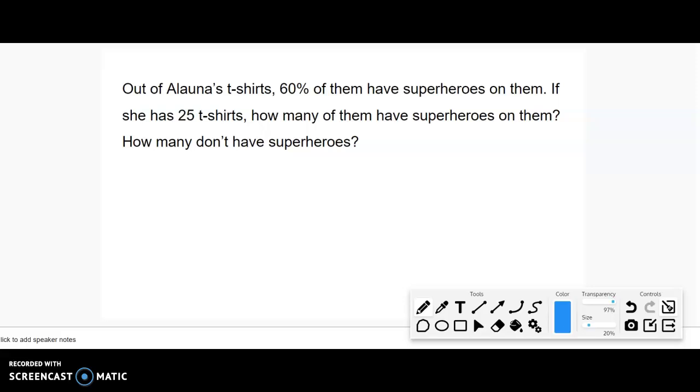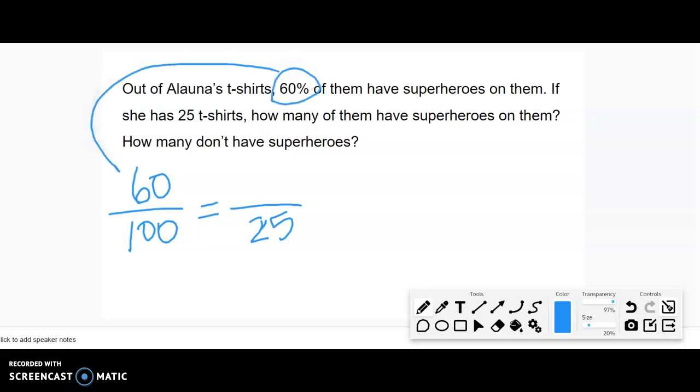If it was what's 60% of 100, well, we know 60 out of 100, right? Okay, so we need to find an equivalent fraction that's out of 25, because she only has 25, but 60% is the same thing as 60 hundredths.